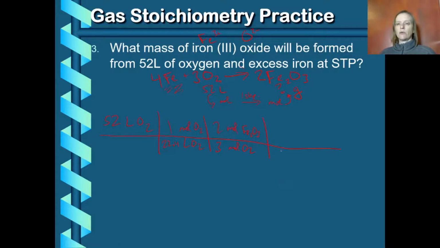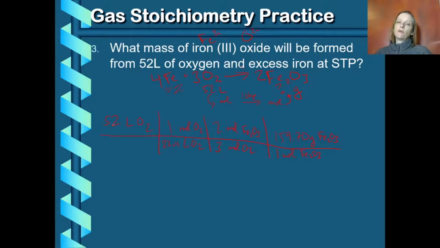And therefore, I can do my final conversion factor where I get rid of moles of Fe2O3 and I bring in the mass. The molar mass of iron 3 oxide is 159.70 grams of Fe2O3.